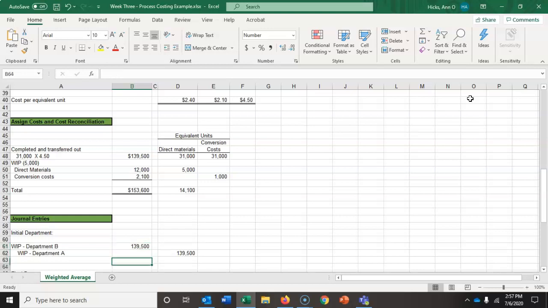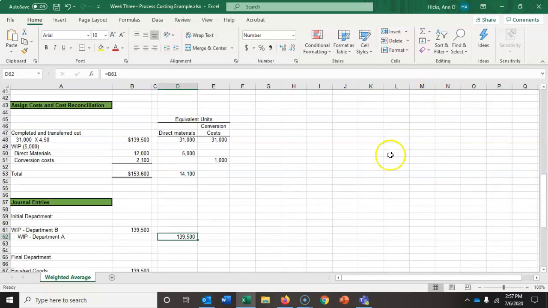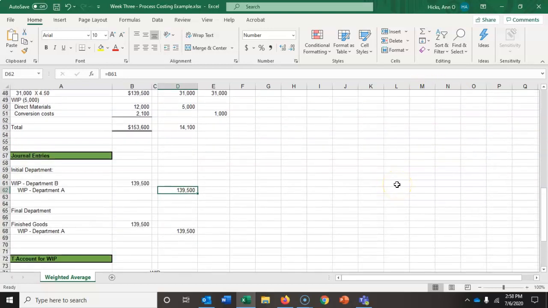Then our journal entry to transfer them out would actually be a debit to another work in process account for that second department. We'll call it Department B, and a credit to work in process Department A. So one difference here is that under process costing, you will have however many WIP accounts you have departments for.